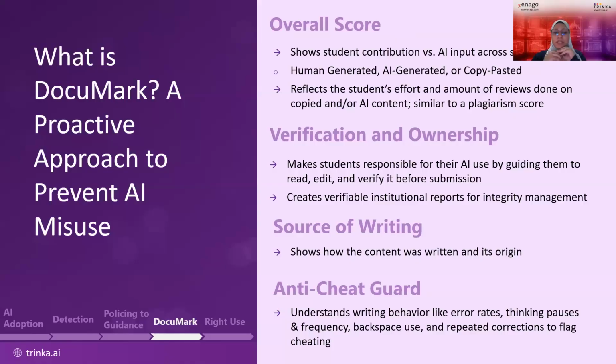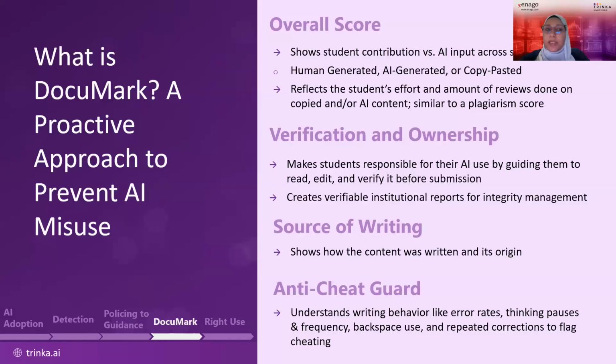So to better understand what DocuMark is, we will tell you that DocuMark works in a way that provides an overall score for the student work. Okay. So it will distinguish very clearly, without any gray zones or overlapping zones, between what the student did or contributed to the assessment, the assignment or the paper, and the AI input.